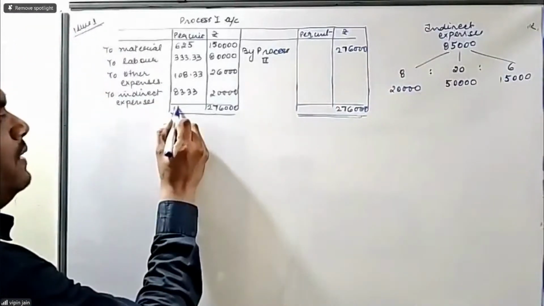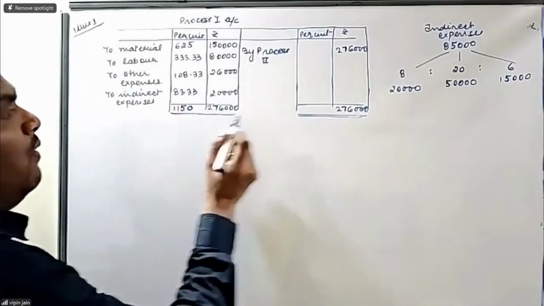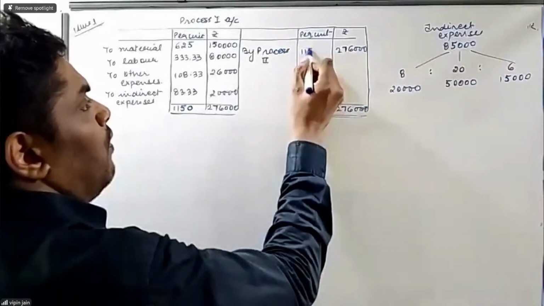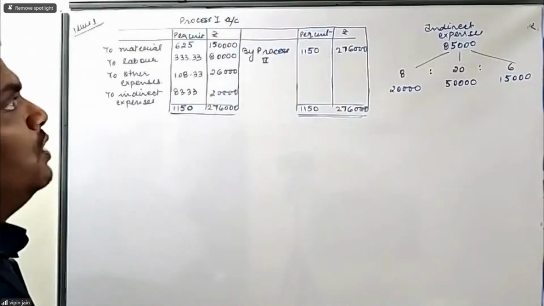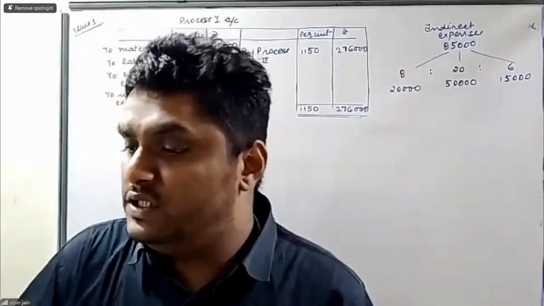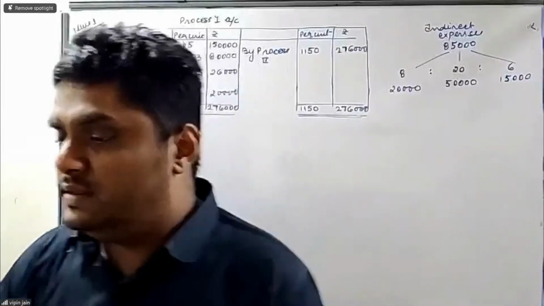So the total will be 1150. So this is how process first account is to be prepared. If you guys have any doubts in this part, please post your queries.